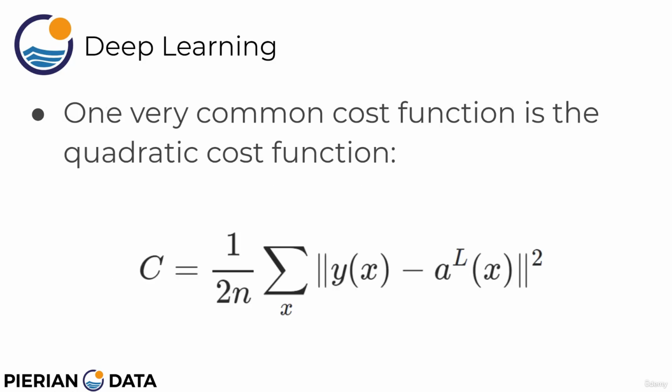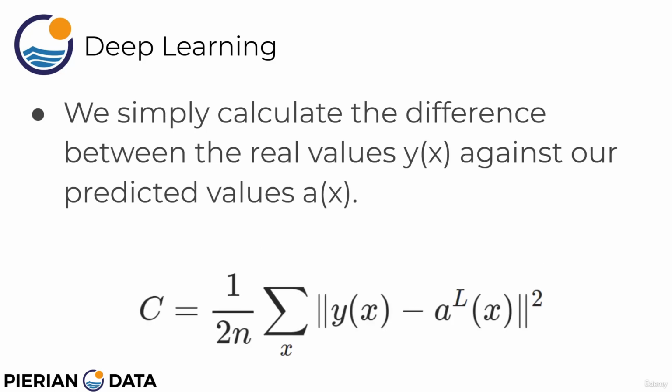Probably the most common cost function you'll see is known as the quadratic cost function. If you've done any machine learning, this probably looks really familiar to you because it looks like root mean squared error, which is essentially what it is. Here it's just notated for multidimensional data. All we're doing at the end of the day is calculating the difference between the real values, which here we label y of x. If you have some x input, we specify y as the true function, so that would be the true value. And then we're subtracting our predicted values, so here we have a of L of x.